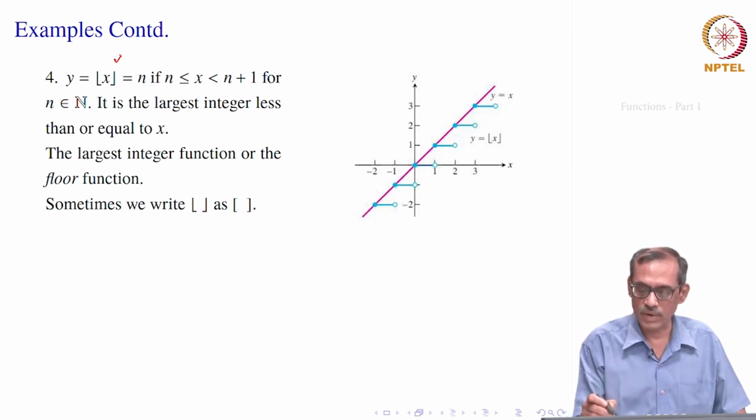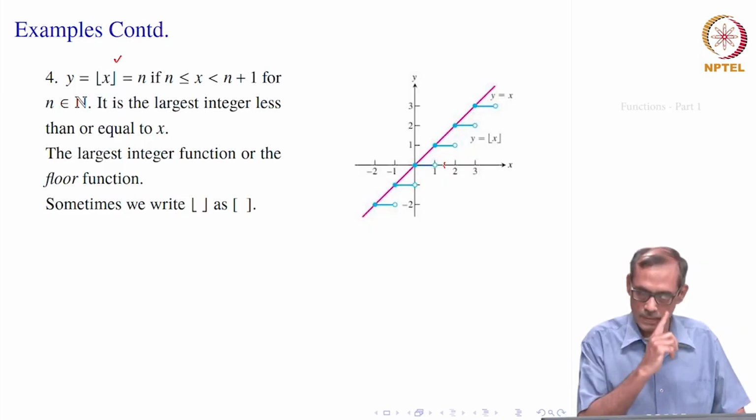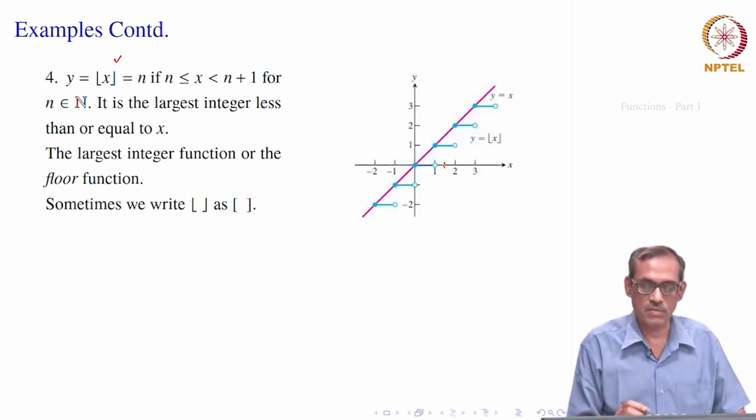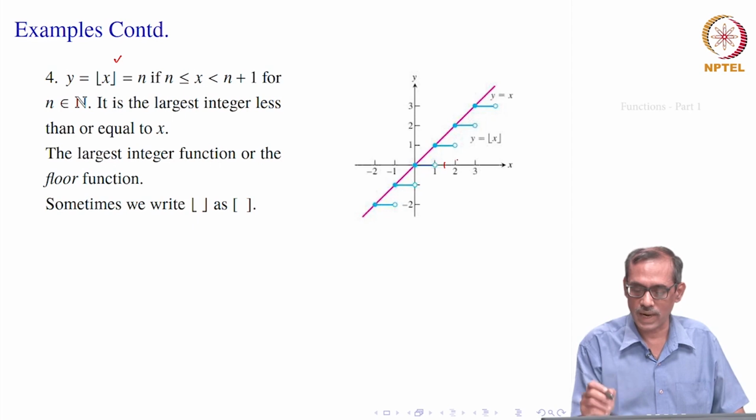So, when x equal to 1.5, it is here. Now floor of x is equal to n if n is less than or equal to x less than n plus 1. This x 1.5 lies between 1 and 2. So, its value will be 1, y equal to 1 at that point.